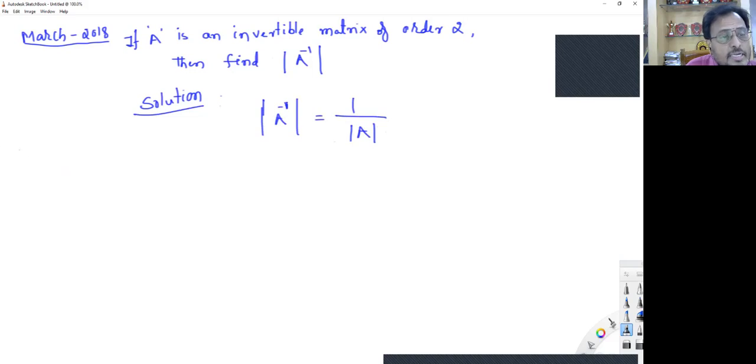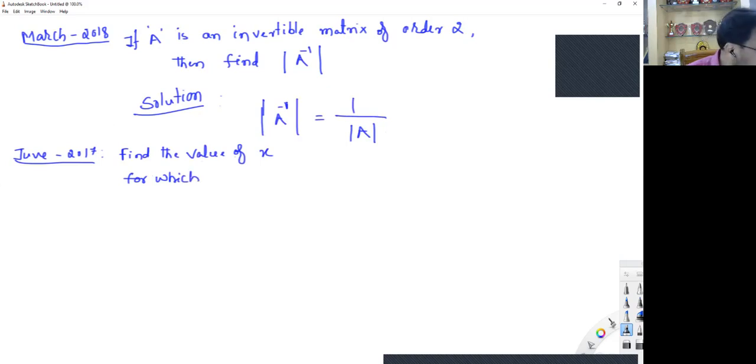Now again, June 2017. Of course, these are simple questions. Find the value of x for which the determinant of 3x x1 is equal to the determinant of 3 2 4 1.